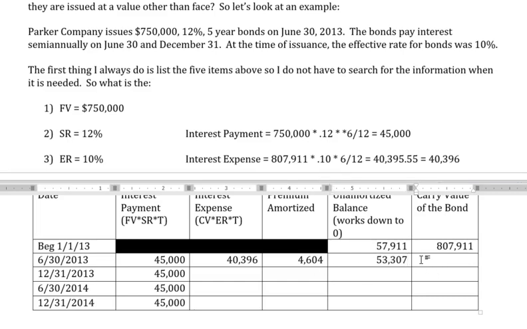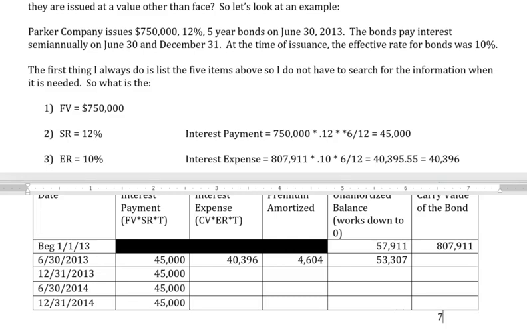Now, what's our new carry value? Well, the carry value is working its way up to face value. If it helps you, what I like to do is go down underneath. I am working my way to 750. In other words, if I did all 5 years of interest payments, 10 payments, at the end of the day my carry value of this bond should equal the face value of 750.